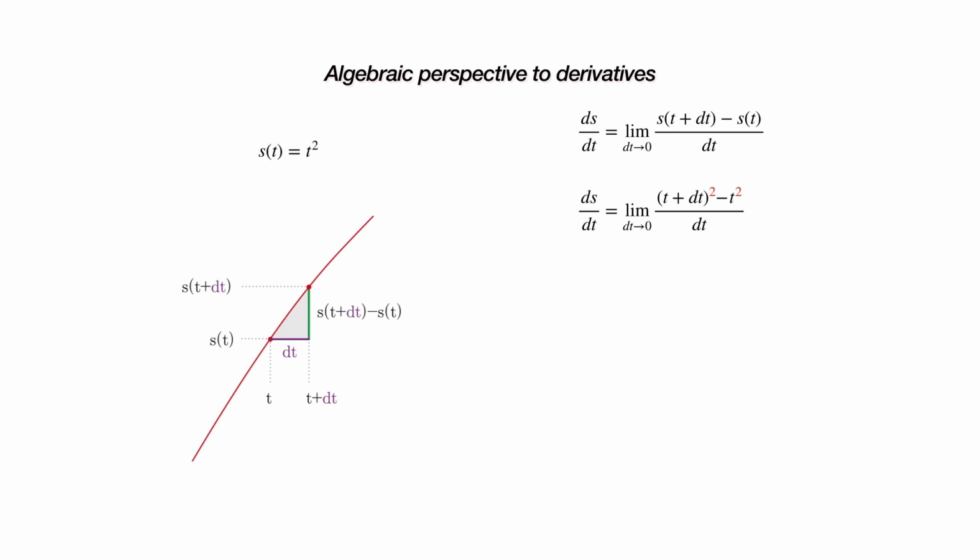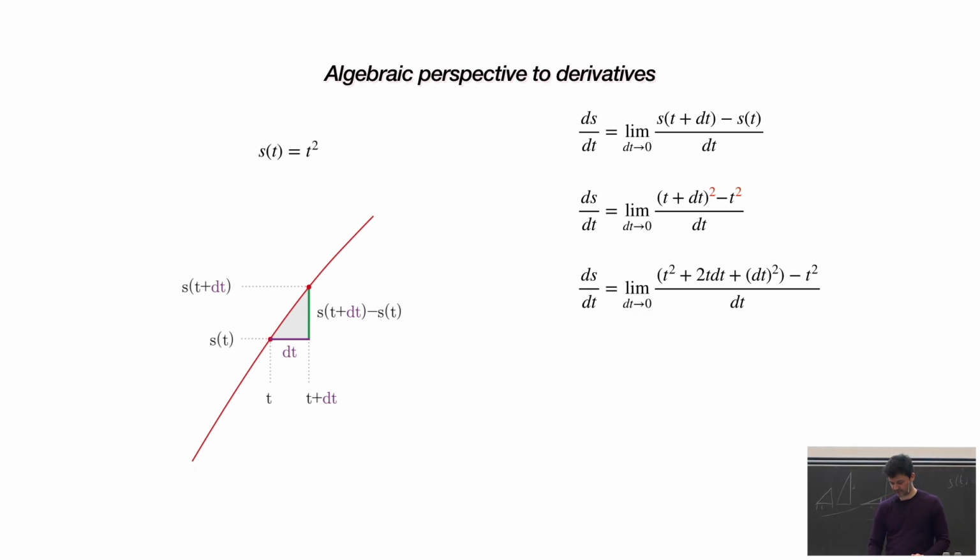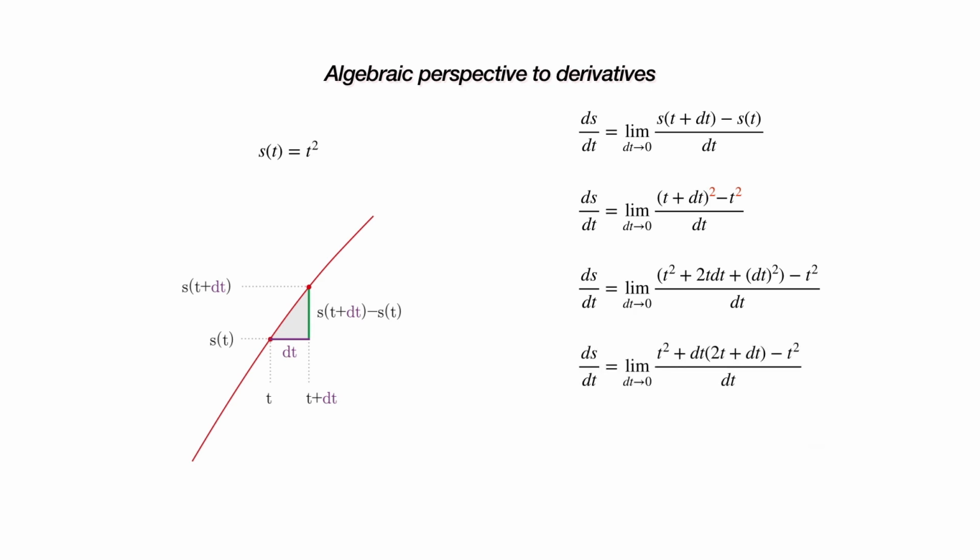Yeah? How do we do it? You simply expand this t plus dt squared. You get t squared plus 2t dt plus dt squared. This you know from school, like elementary algebraic operations, minus t squared over dt. So far, so good. Everything looks like the old, plain good old math that we know. If we distribute dt, we can take it in front of the expression.